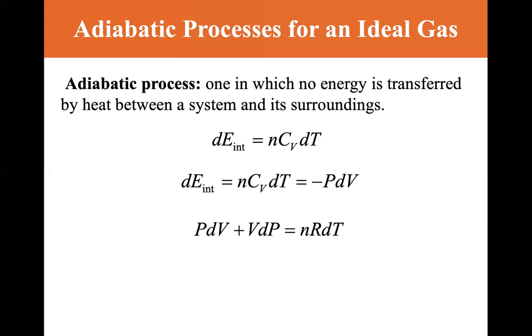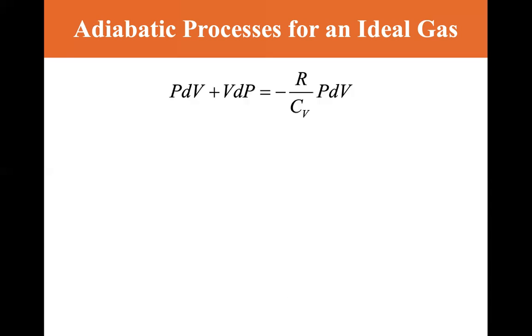So eliminating the dT, the equation becomes P dV plus V dP equals minus (R/Cv) P dV.